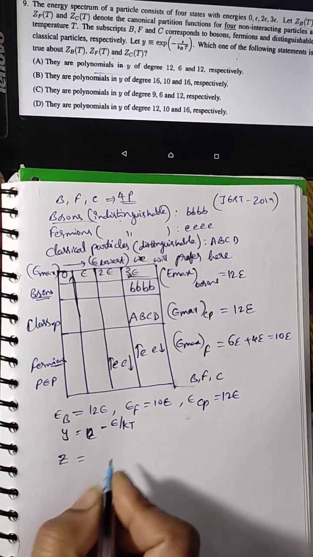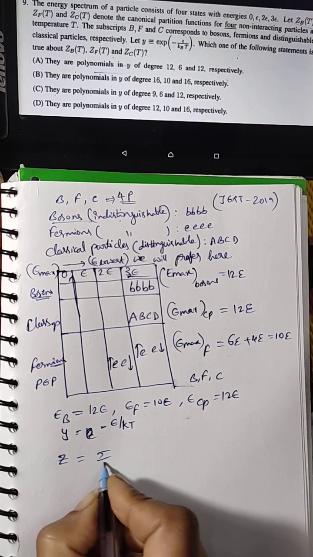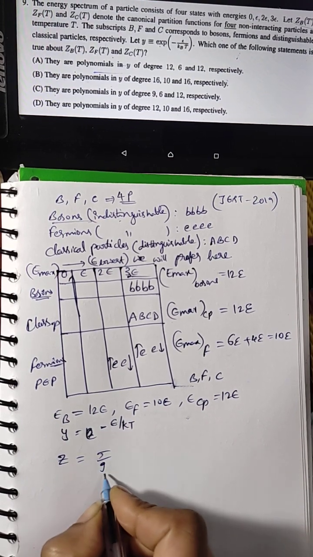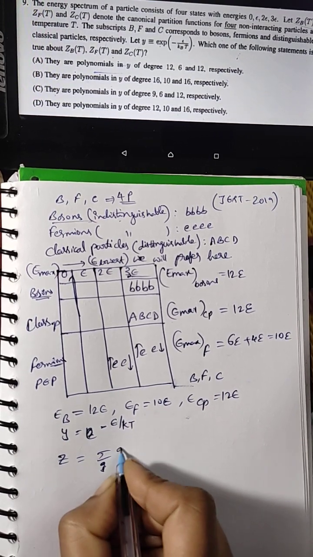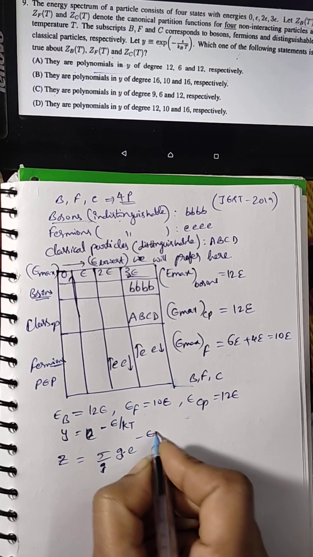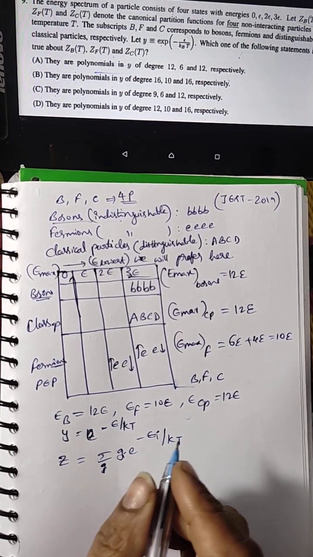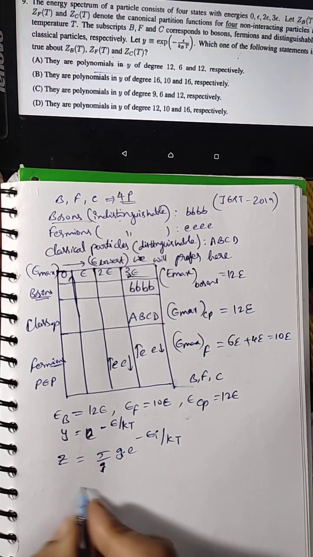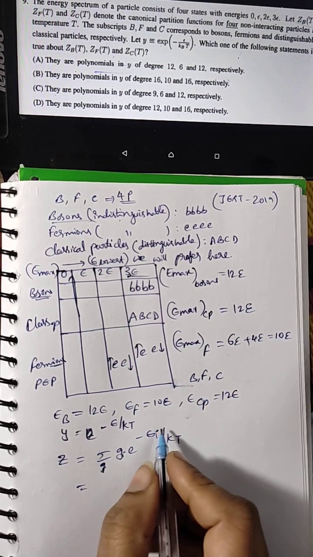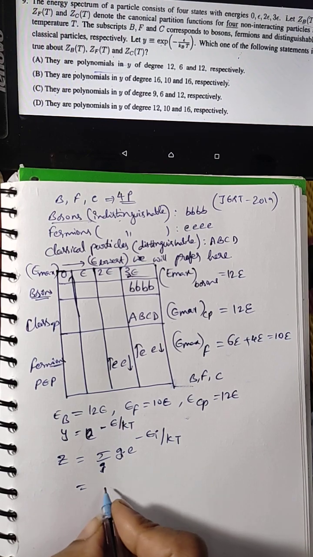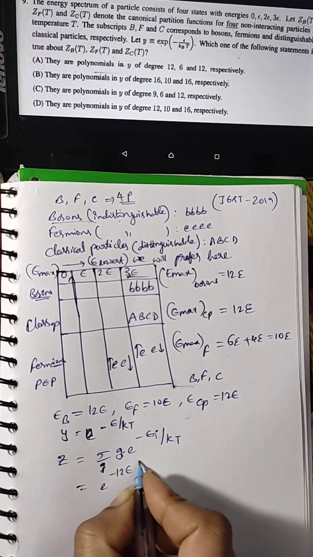And the partition function they are asking, the value is the summation over i of g_i e power minus E_i by kT. Since degeneracy is not given, take it as 1. First, boson is 12E, so here minus 12E by kT.